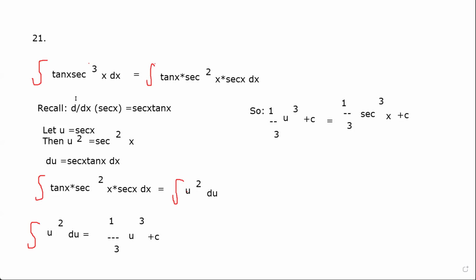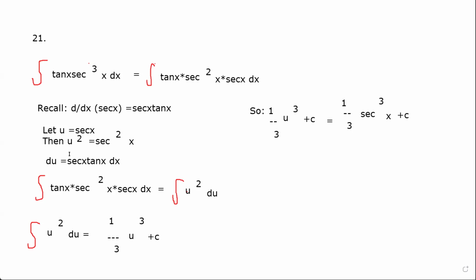What I did was I said, well, I know the derivative of secant is secant x tangent x. So if I let u be the secant, then something interesting happens. If I let u be just the secant to the first power, then u squared is secant squared x, and the derivative becomes secant x tangent x.